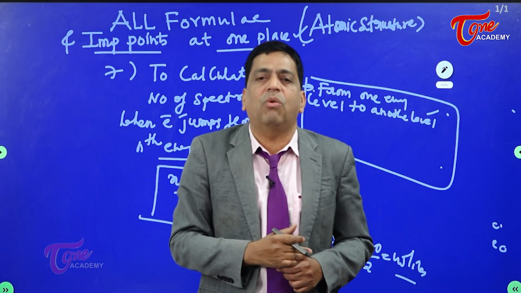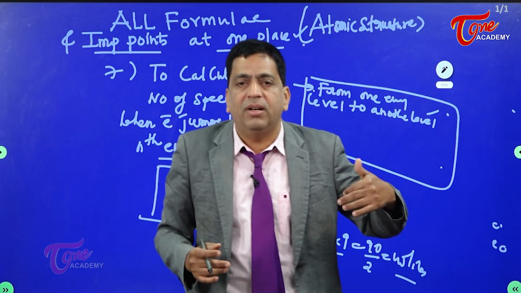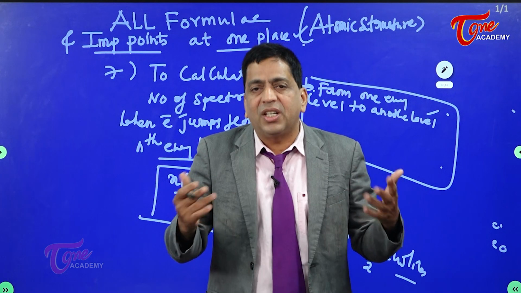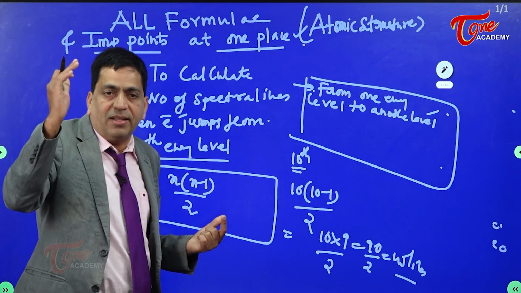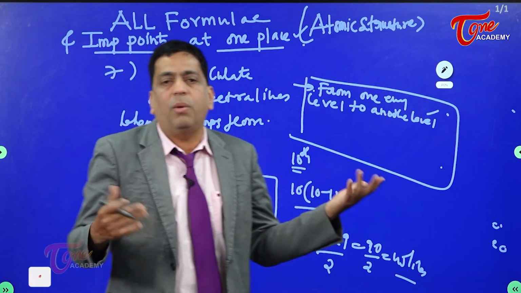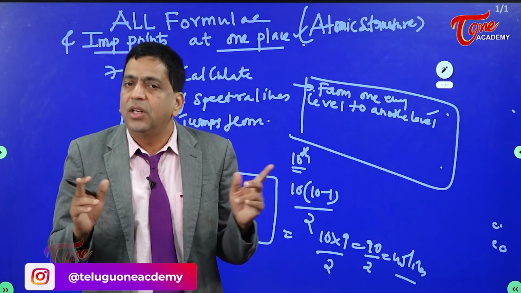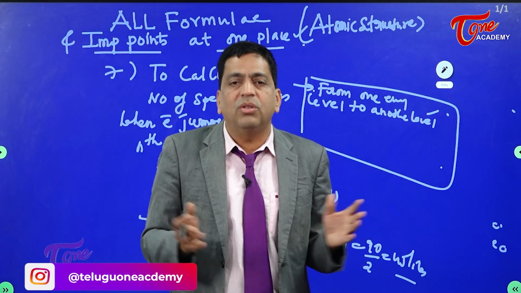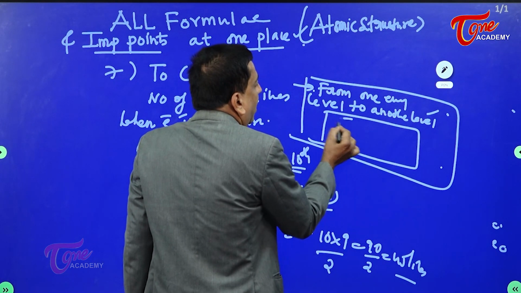Suppose it is jumping from the 5th energy level to the 1st energy level; he is mentioning to which energy level it is jumping. Here it's nothing like that. He did not fix it. It has gone to the 10th energy level and is supposed to come back, so how many times and in what installments will it do it? That's the first question. Suppose it is specifying that it is jumping to the first level, then use this formula, that is sigma delta n.